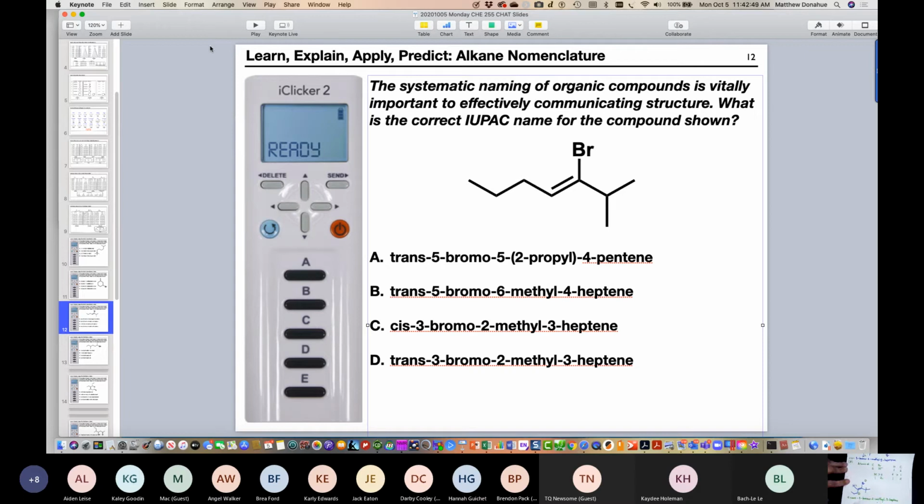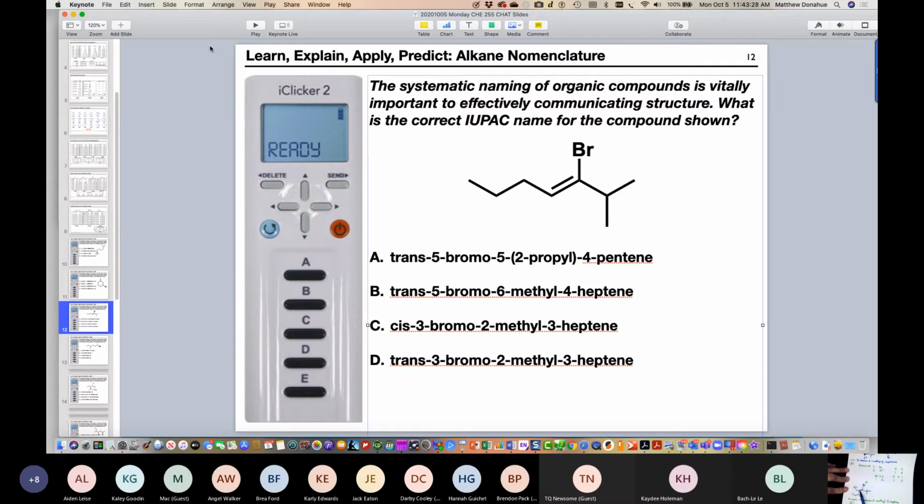So the difference between them is this cis and trans. Another thing you'll see in your textbook is E for trans. So notice that the entire name is the same except what is in front here. And that is important for denoting the relationship of those high priority groups, because they both have 3-bromo-2-methyl-3-heptene, right? So this cis or trans is telling you the relationship of those groups about the double bond.